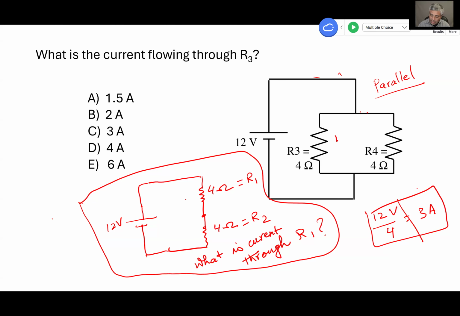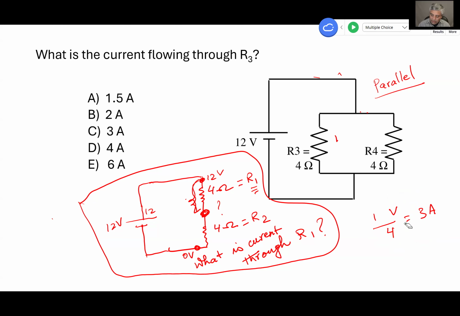You cannot do that, because now over here there is 12 volt, but 0 is over here. So what is the voltage here? We don't know. That means we don't know the potential difference across R1. It is not 12 volt. That's why you cannot just say 12 divided by 4.